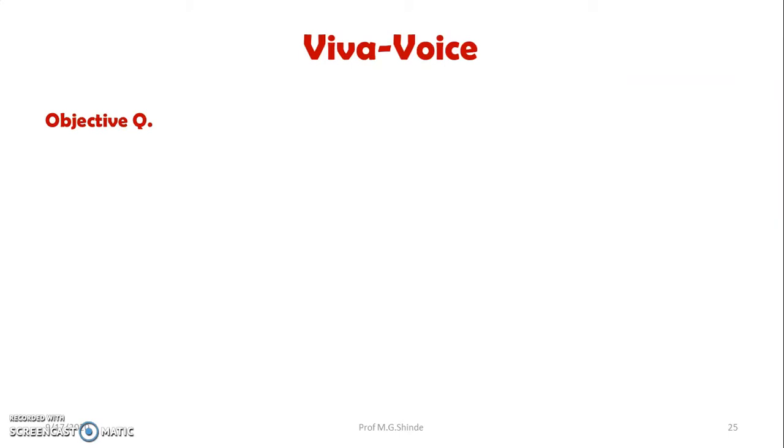Now we will see some viva questions. Very first of all, objective questions. First question is write the principle behind the iron limit test. So here already we have discussed that the principle involves the reaction between the ferrous ion and thioglycolic acid in presence of citric acid and ammoniacal alkaline medium.